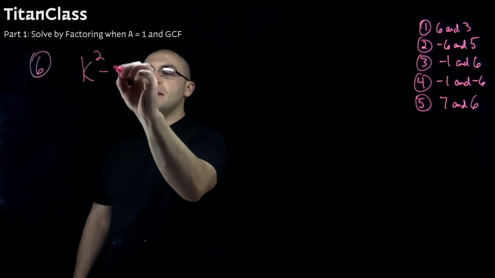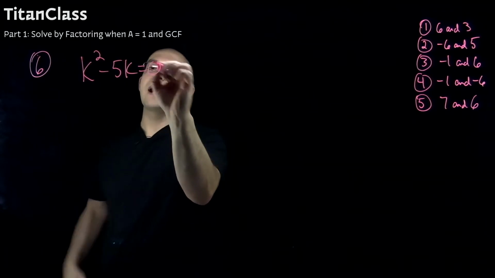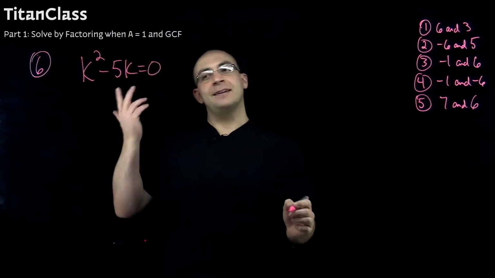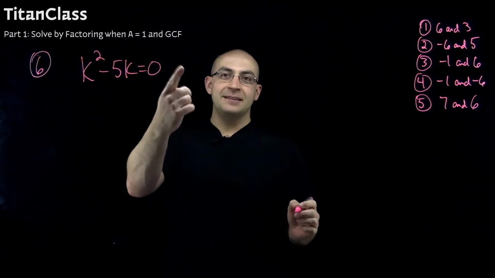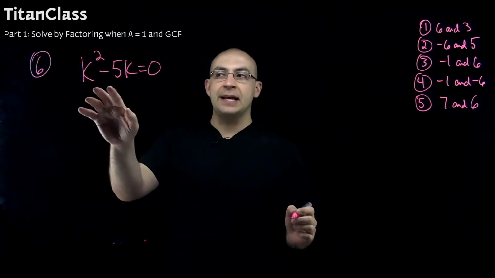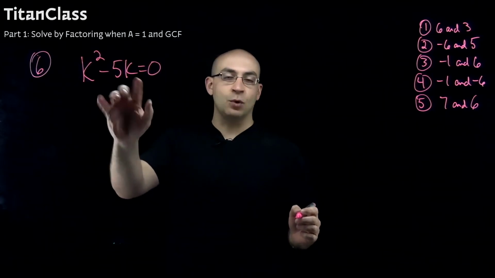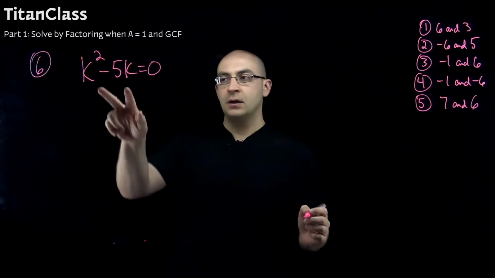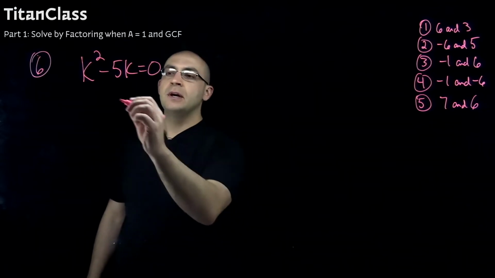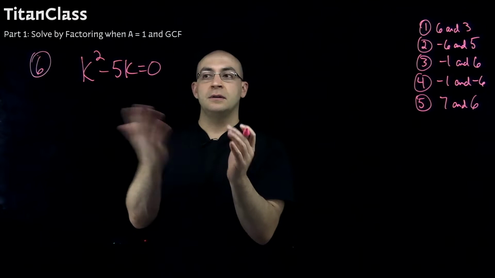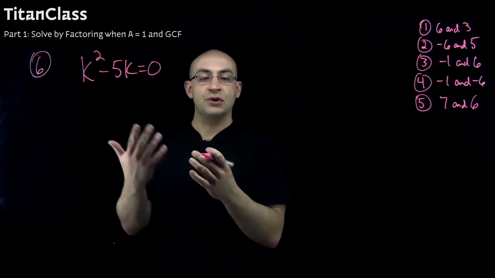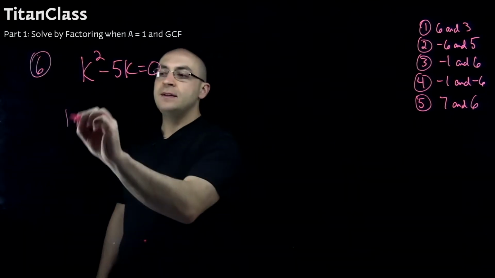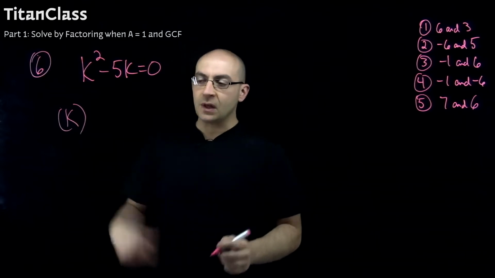Okay. K squared minus 5k equals 0. GCF, right? This is not when a is 1. Well, it is a is 1, but this is more GCF than area model. We don't area model two-term quadratics. So I really want to find the greatest common factor that comes out. Well, k is the greatest common factor, so we pull k out.